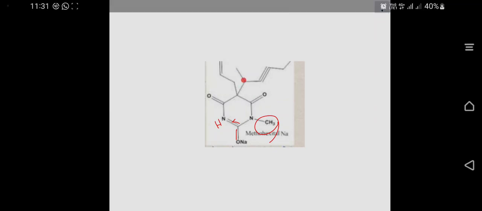So when we look at methohexital, we are saying there is that methyl group which further increases the lipid solubility. Again, there is branching near position number 5, increasing activity. We do have the long chain again, 1, 2, 3, 4, 5, 6, 7, 8, 9.